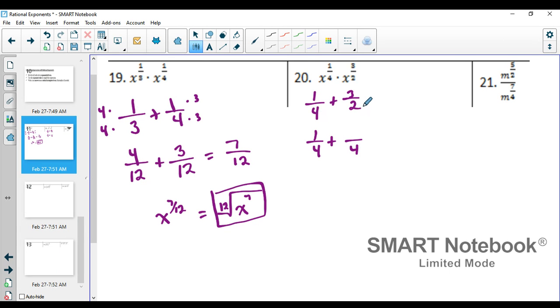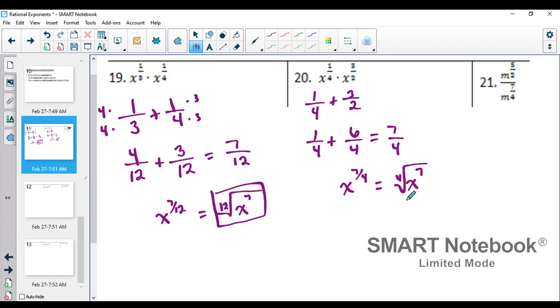And so we multiplied this by 2, so we're multiplying the 3 by 2, and we get 6. So 1 plus 6 is 7. Denominator stays 4. So we have x to the 7/4, which if we write in radical form, x to the 7th, because 7 is the exponent, and then we have the 4th root of that.